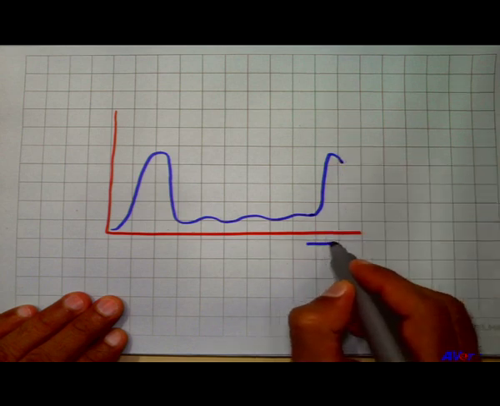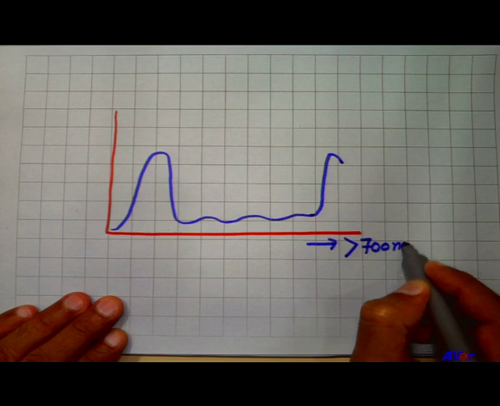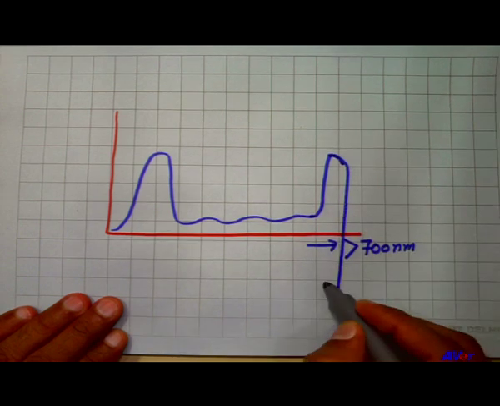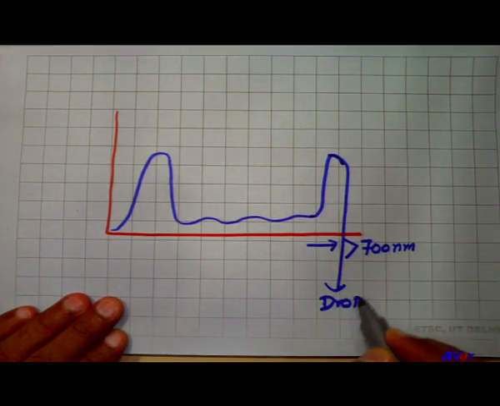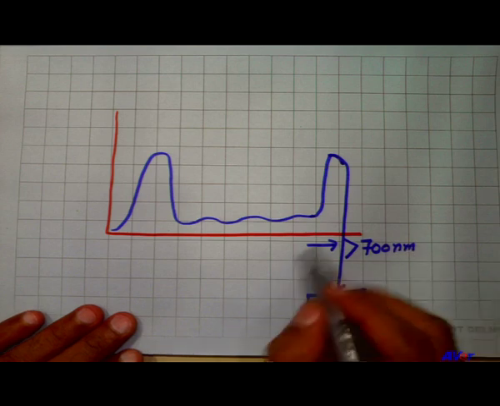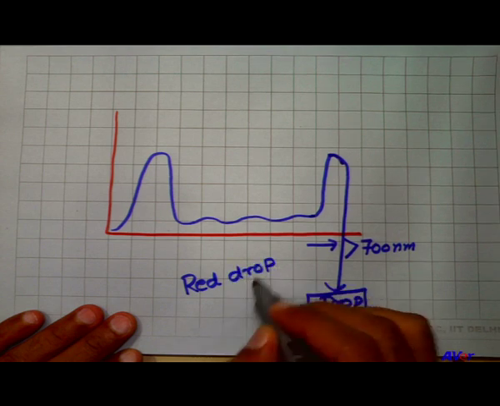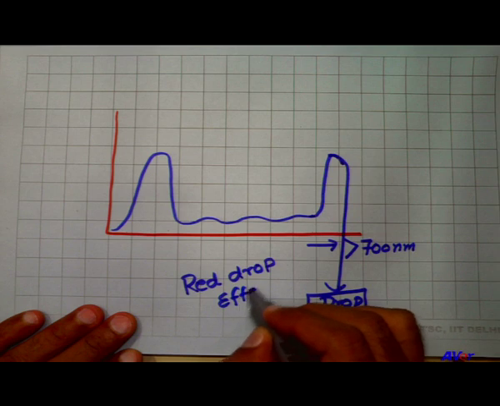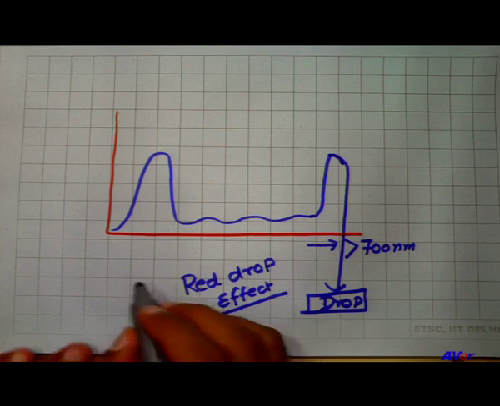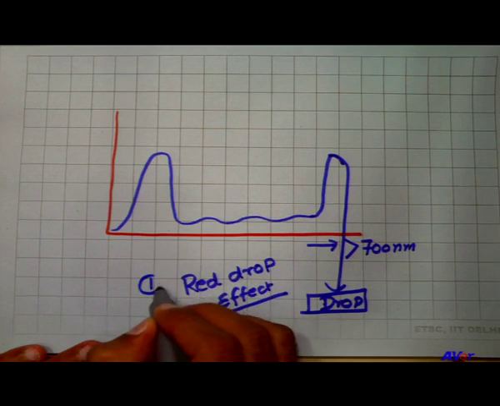When the wavelength is beyond 700, greater than 700 nanometer, he found that the rate of photosynthesis suddenly dropped. So, this effect is called the red drop effect. Emerson gave the first effect, called the red drop effect.